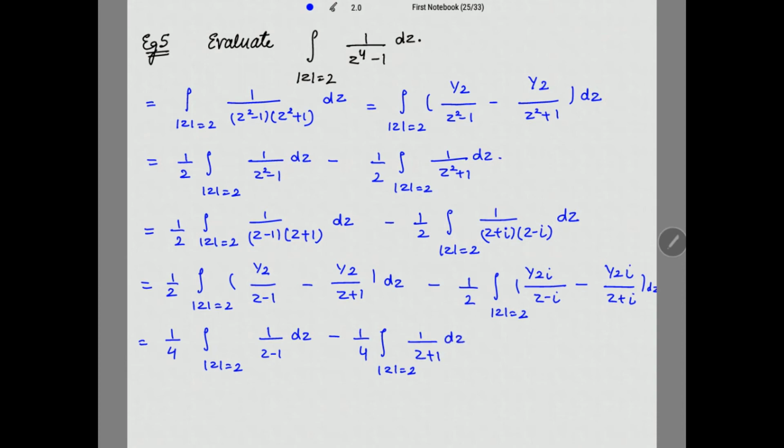We now have 4 integrals: minus 1 by 4 iota integral mod z equal to 2 of 1 over z minus iota dz, and at the last, plus 1 by 4 iota integral mod z equal to 2 of 1 over z plus iota dz.